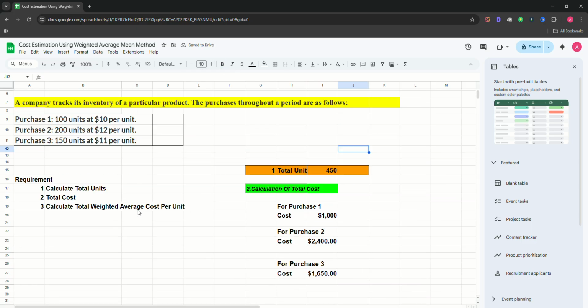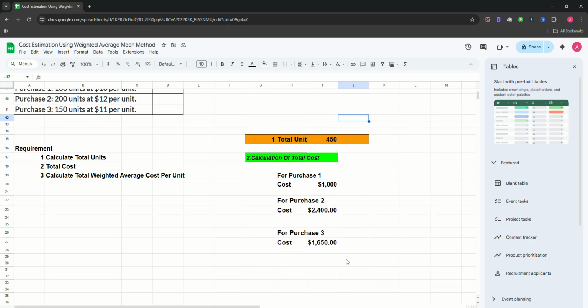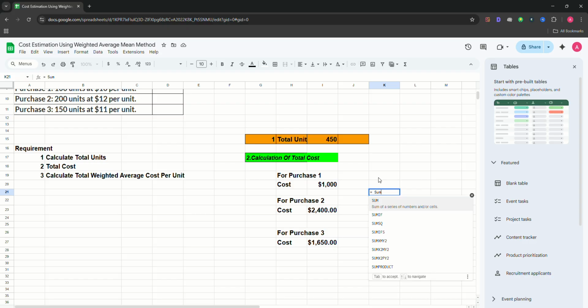Now I'm going to calculate the total cost. For calculating total cost, I need to sum value 1 plus value 2 plus value 3. So it is 5050.